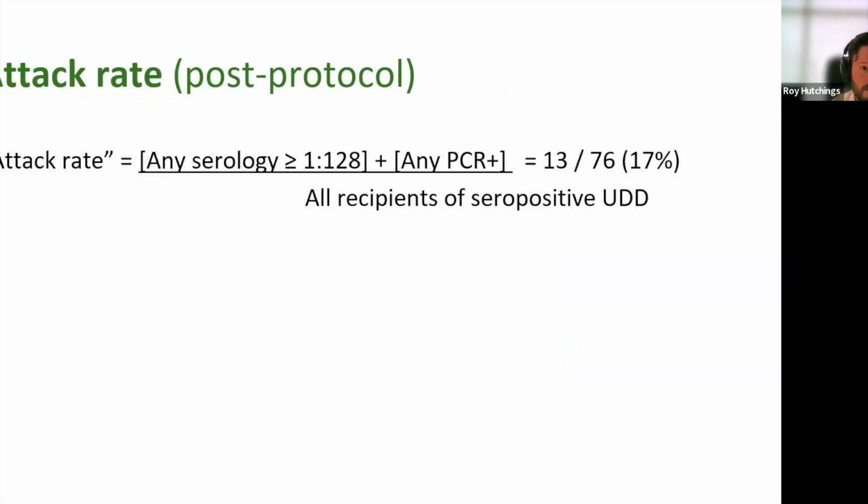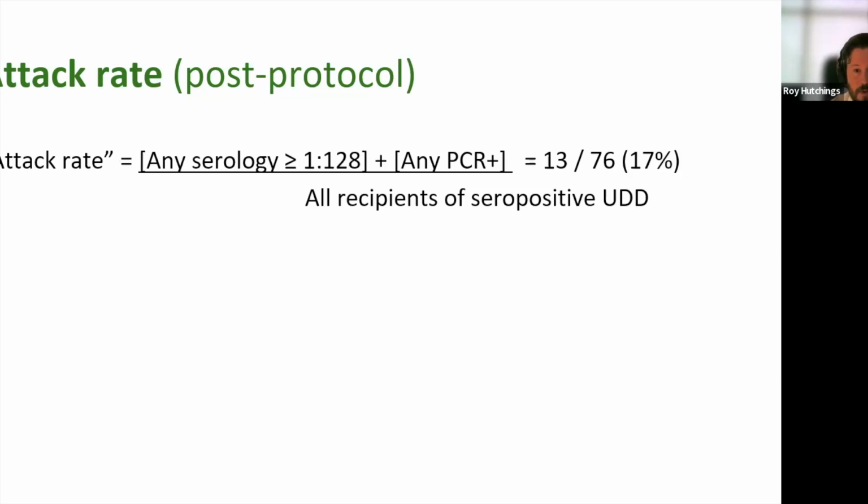We decided to report an attack rate here, where we included a recipient that had any serology 1 in 128 positive at any time, or any PCR positive. And also, I'm sorry, it's got shifted here, but over all recipients that were exposed, so all recipients from a donor that tested positive.